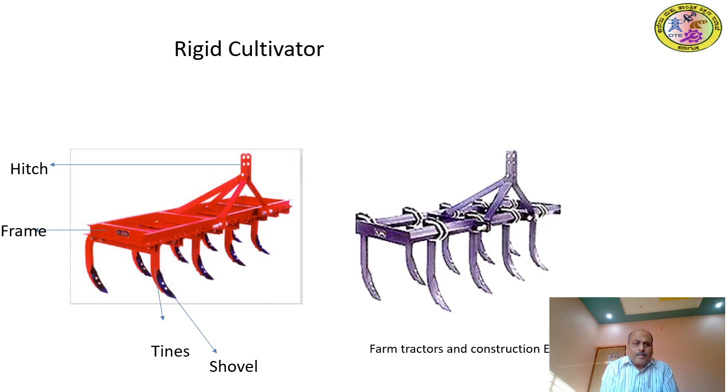Here, the rigid cultivator basically consists of a 3-point hitch. Just see on the left side, or it may be the right side, of the figure. On the left side, an I section is used for the construction of the rigid cultivator, and on the right side we are using a tubular section.